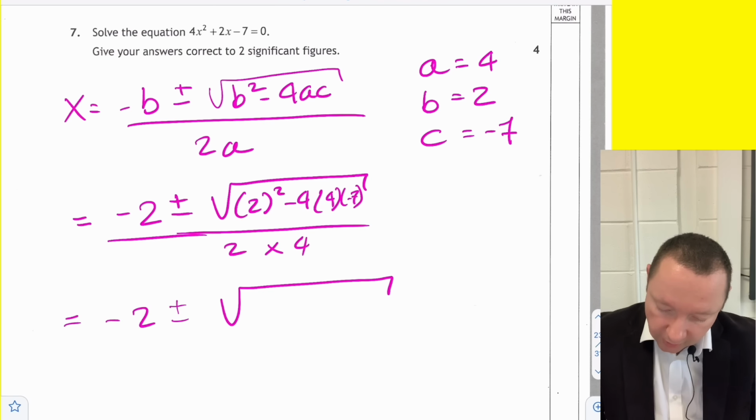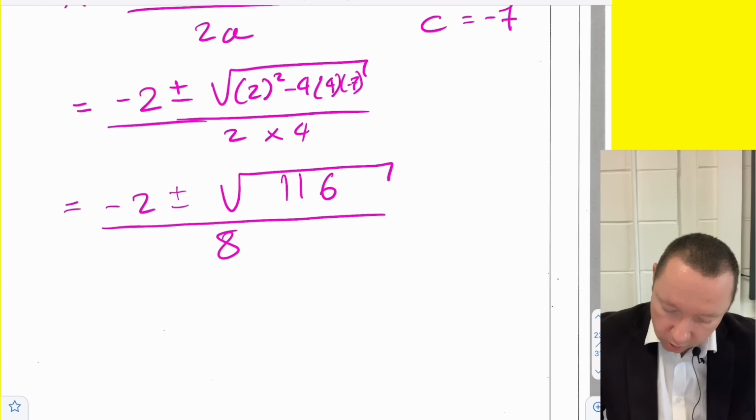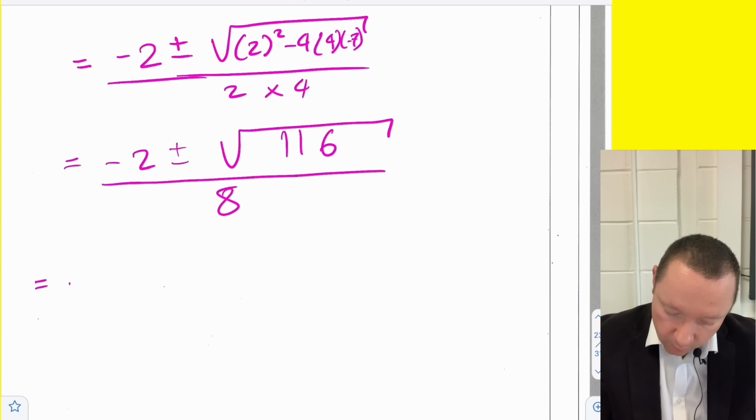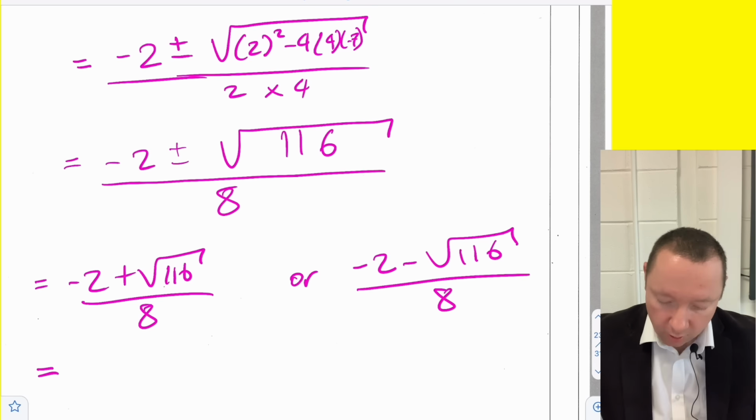That's 116. Just watch out for the minus times a minus, over 8. So remember, we split that into two sums, minus 2 plus root 116 over 8, or minus 2 minus root 116 over 8. Get a calculator, work out both sides.